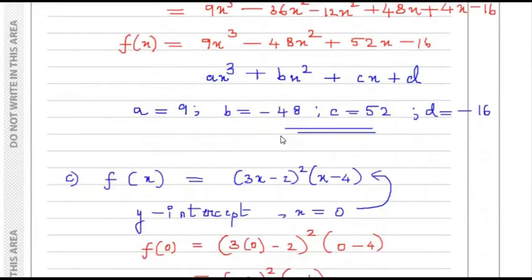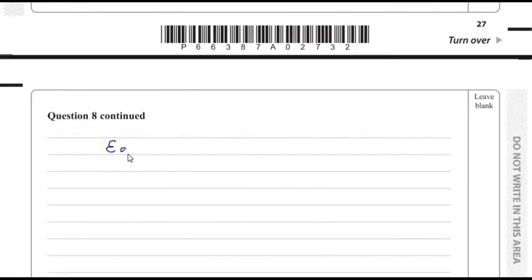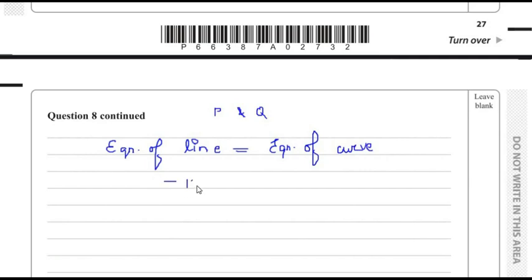So at points P and Q, the equation of the line, we got it as y is equal to negative 16. So we'll write negative 16 here, equal to the equation of the curve, which is 3x minus 2 the whole square times x minus 4.